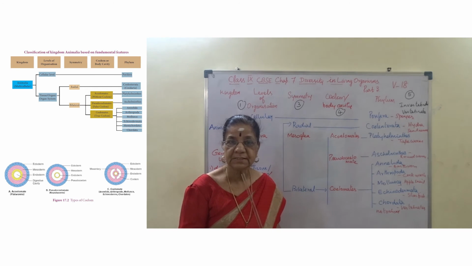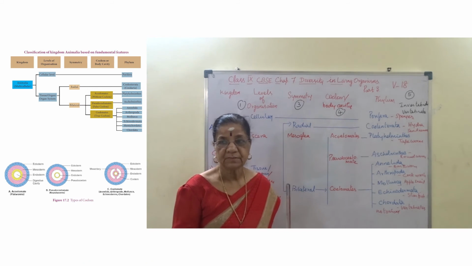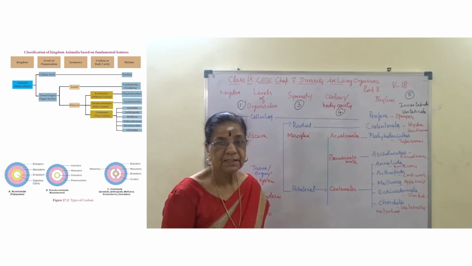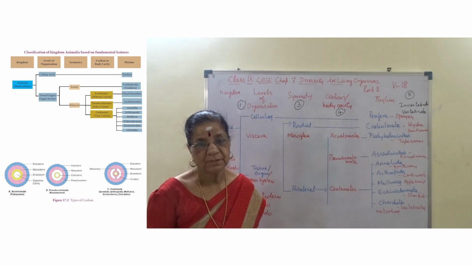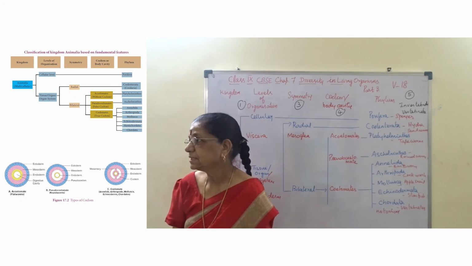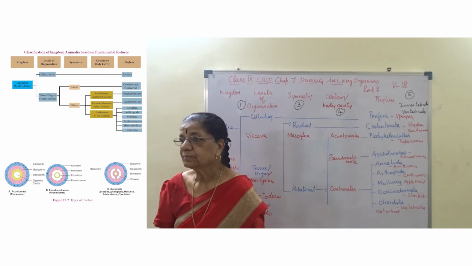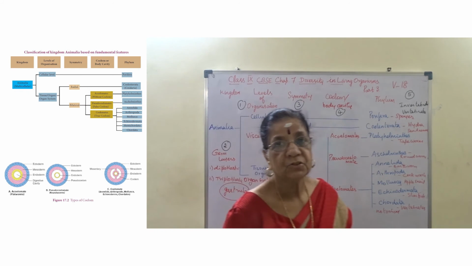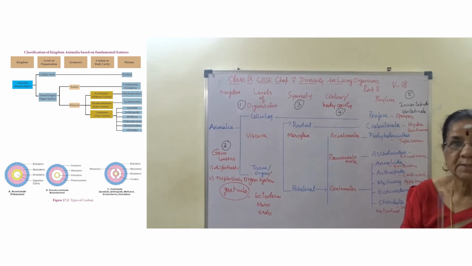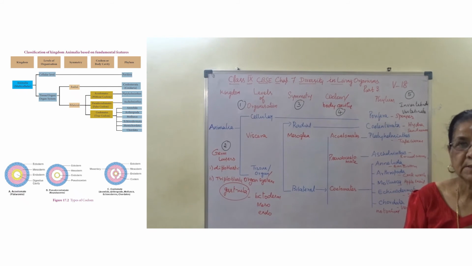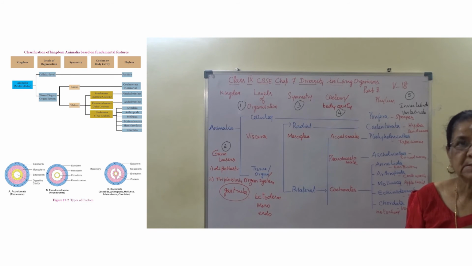These are invertebrates, whereas phylum Chordata are vertebrate animals. So this is the outline classification of kingdom Animalia. We will continue in the next session.